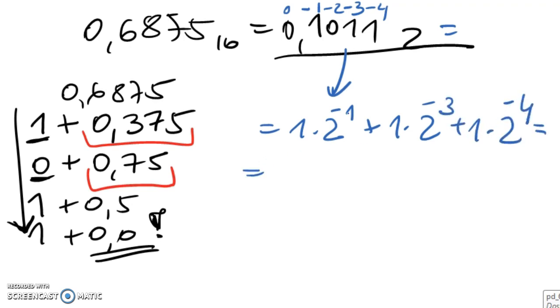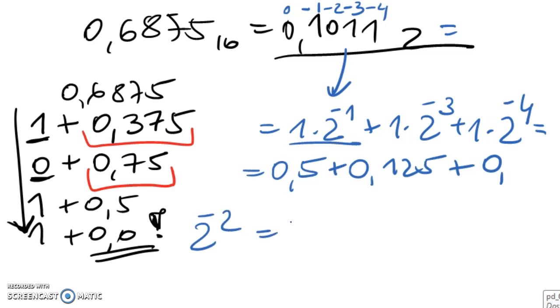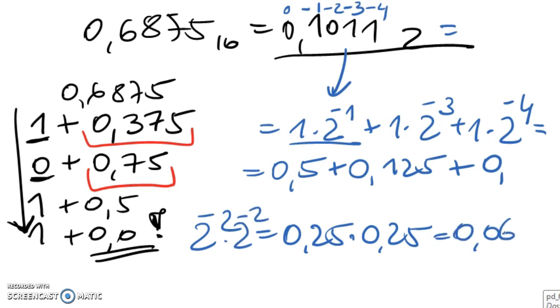It is equal to 0.5, it's just 2 to the power of -1, plus 0.125 plus 2 to the power of -4, which is 0.25 times 0.25, equal to 0.0625.